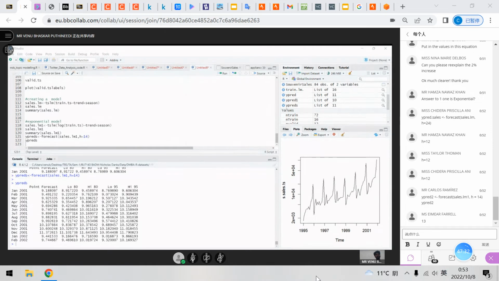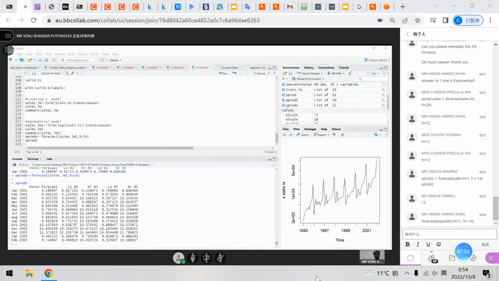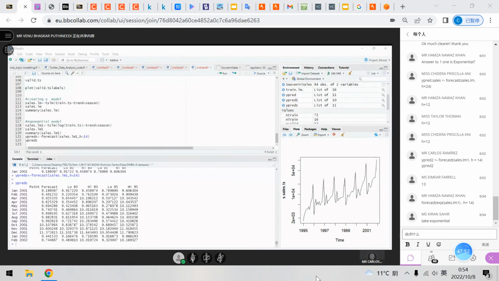We have 9.744667 to be the value of percentage increase in sales with respect to February 2002. But how do we get that in dollars? You gave me the answer before. Yeah, you have to take the exponential. Take exponential. Thank you.